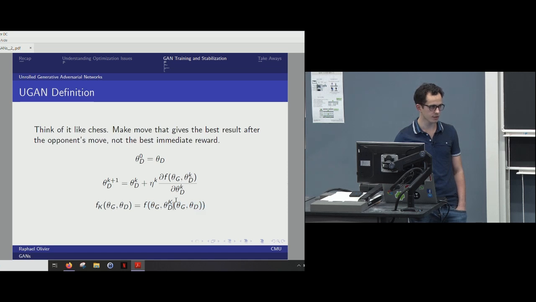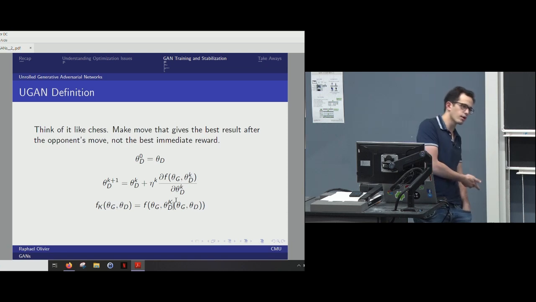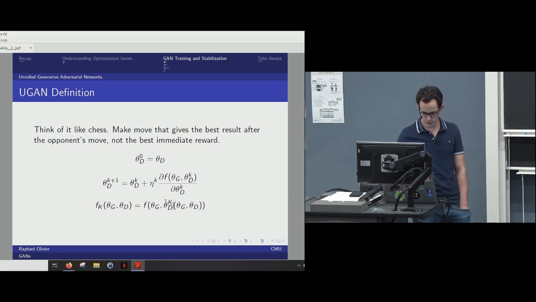So that's what makes this whole thing completely different from just doing K steps for the discriminator and then one for the generator: you're differentiating through the gradient descent that you did to get there. It can give a bit of a headache, but it actually works.